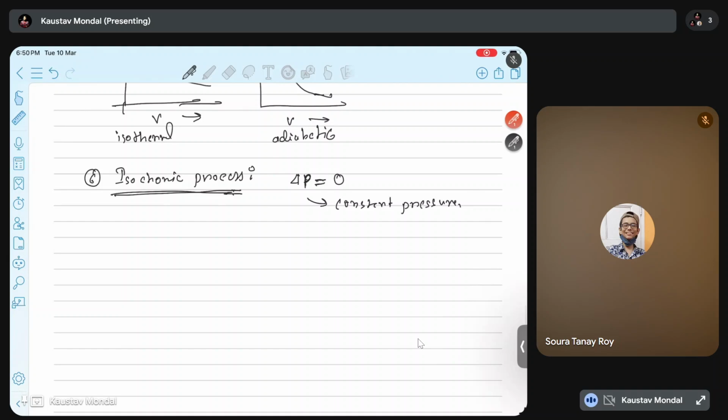In that case, the PV diagram looks like this. Only the volume will change, and the pressure will remain constant, so it will look like this.